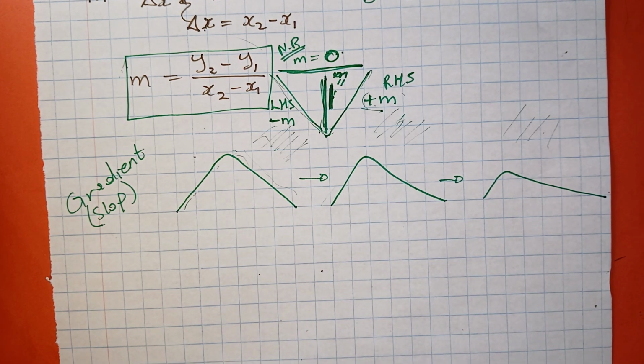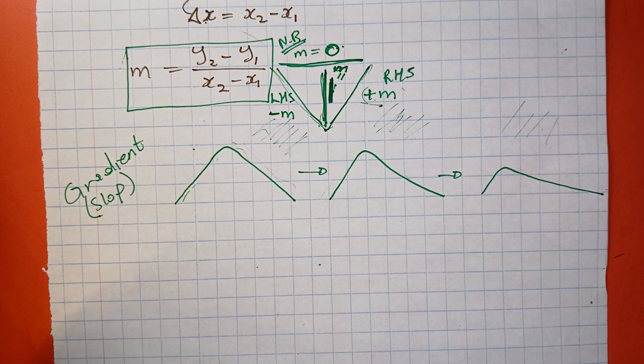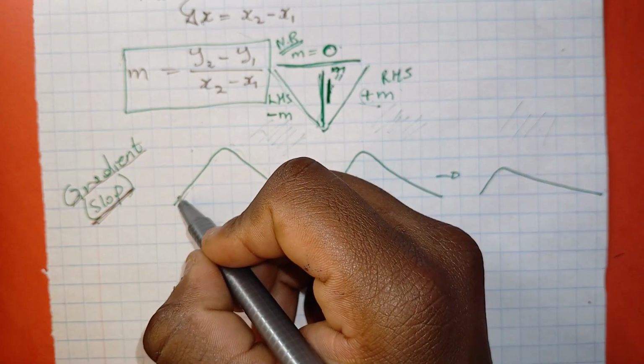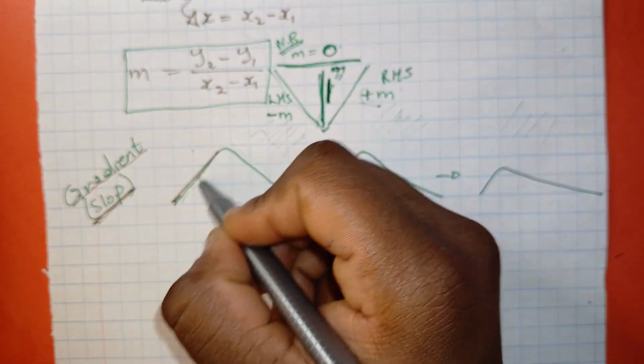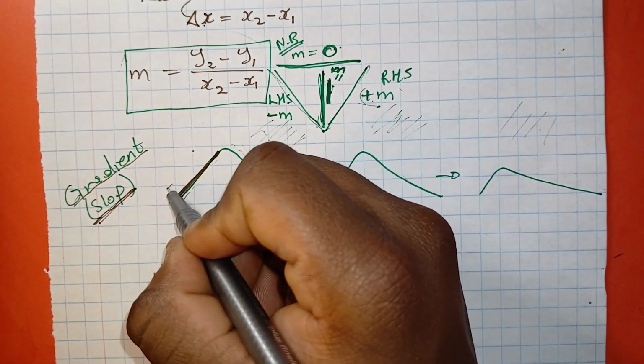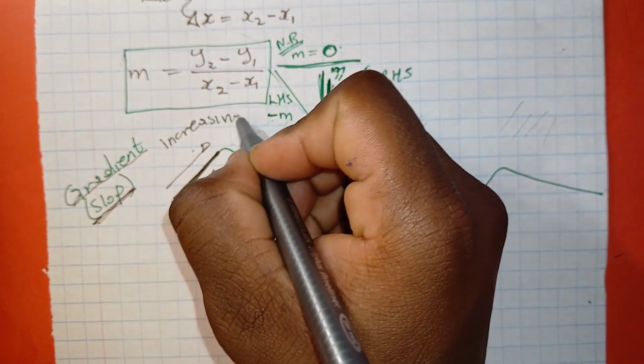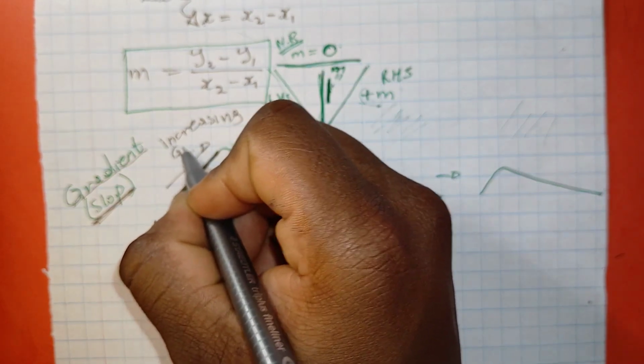What I want you to notice is that when I'm talking about a gradient, I'm talking about a slope. A slope is this part. And this thing, what do we call it? An increasing slope or gradient.